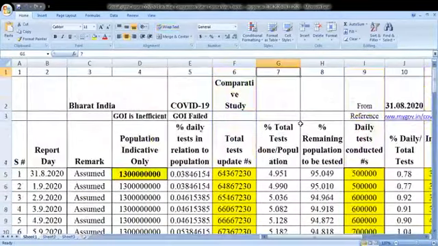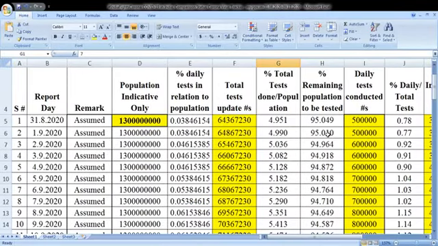That's a very important point. And then remaining population to be tested: we have to see what population is available after those who are tested. We have 100 percent population, minus the already tested.